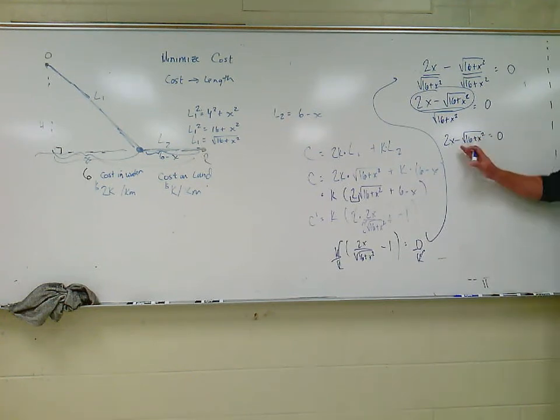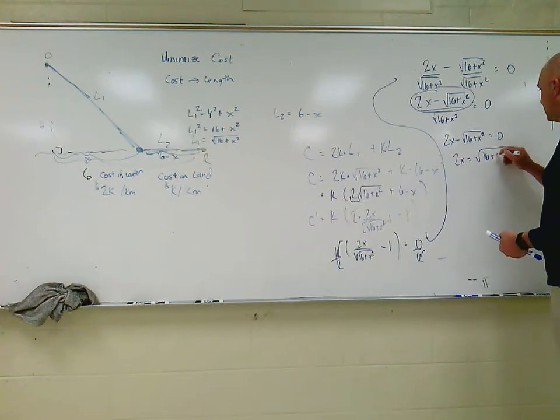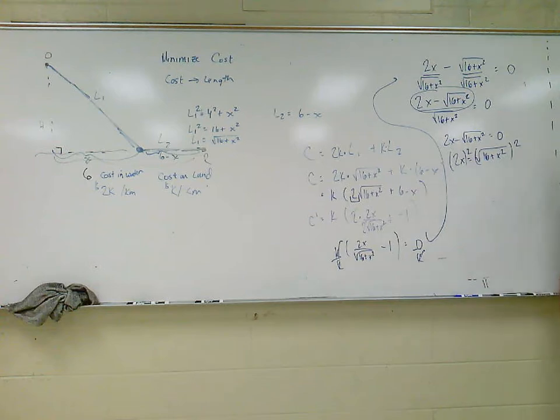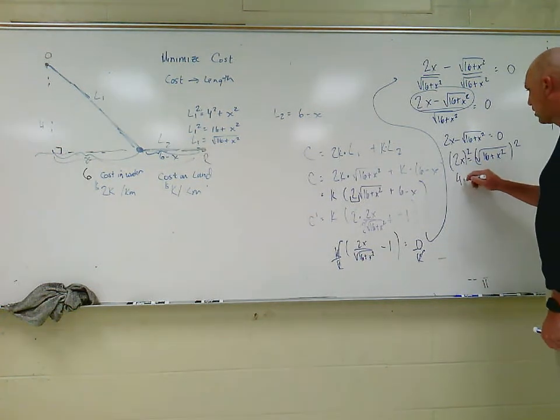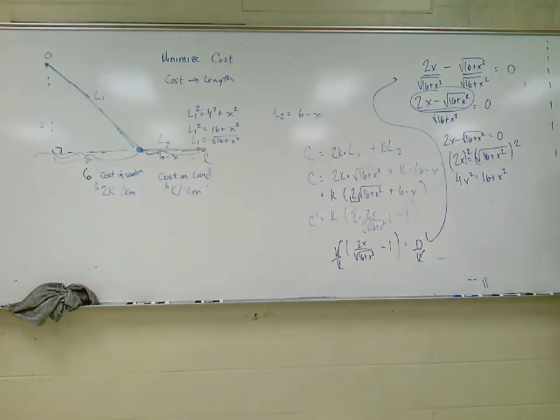Square it. So I'm just going to move it to the other side, like this. Now, if I square both sides, I'll eliminate that square root, okay? And so I get 4x squared equals 16 plus x squared. And now I can solve, because I have both our x squared terms.